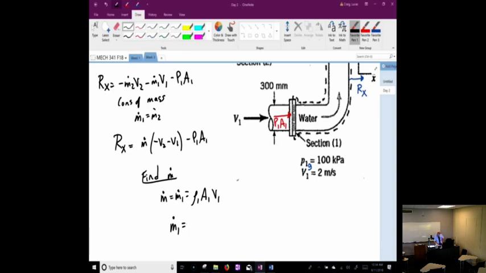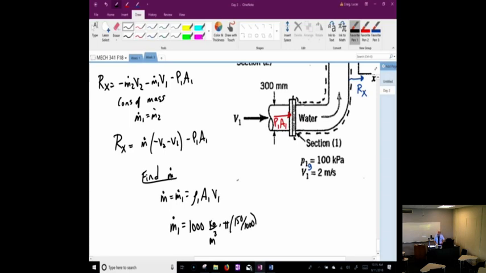It's 1 gram per cc, or 1,000 kilograms per meter cubed, times area is what? Pi r squared. So 150 divided by 1,000, yeah, you just do pi r squared. It's supposed to be 0.07.